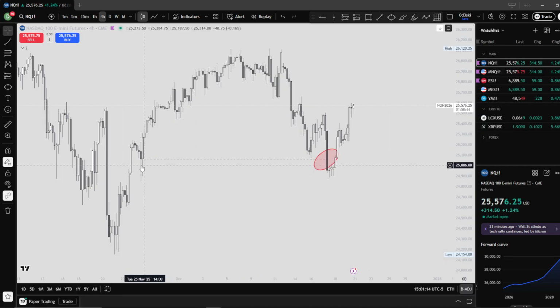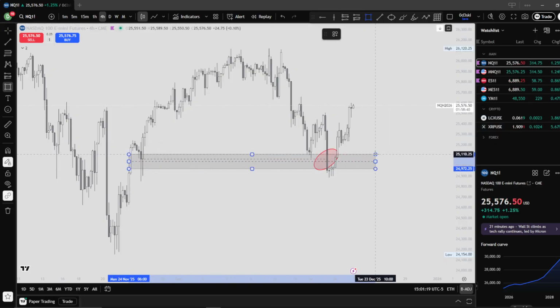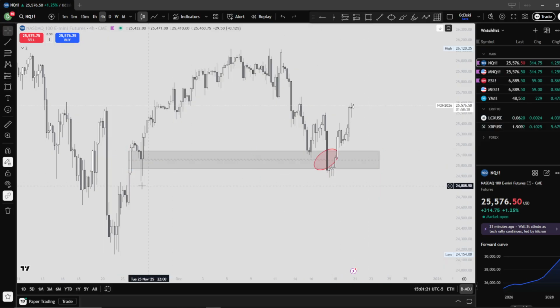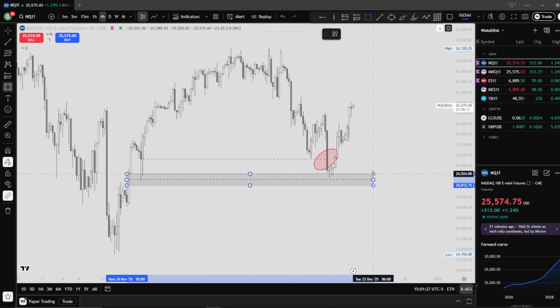On top of that, what do we also have right here? We have this little bullish fair value gap, right? We have two bullish fair value gaps. I'm going to mark out this one just because price tapped into both of them. So we have this bullish fair value gap that was previously respected.